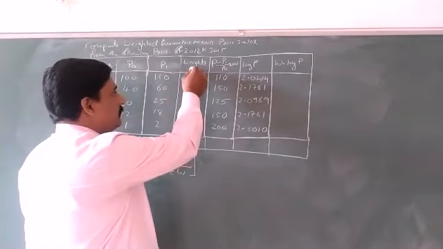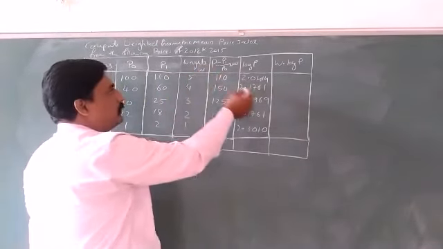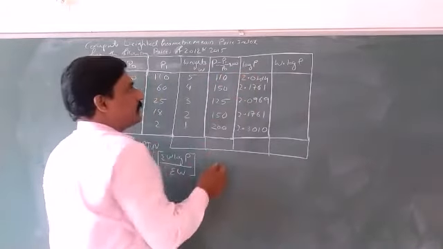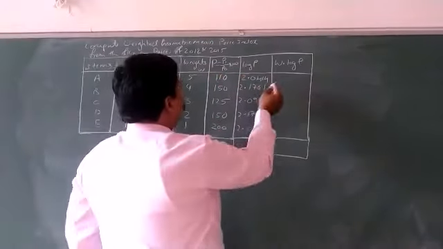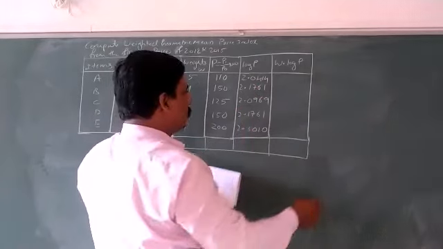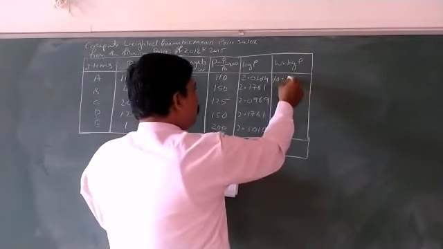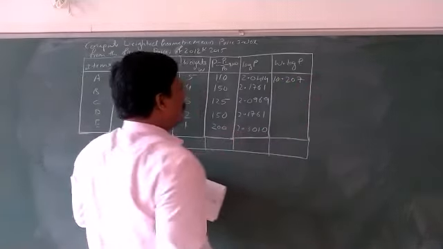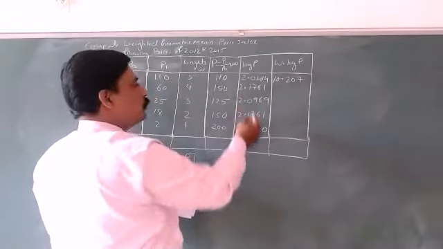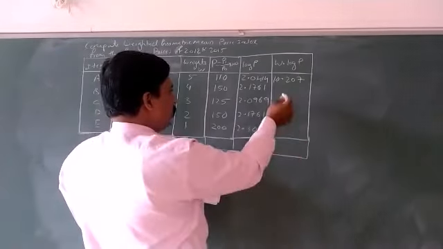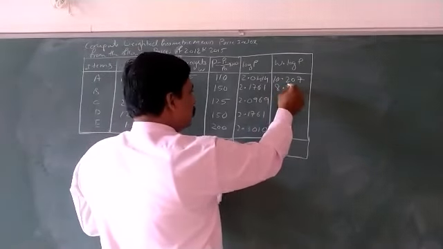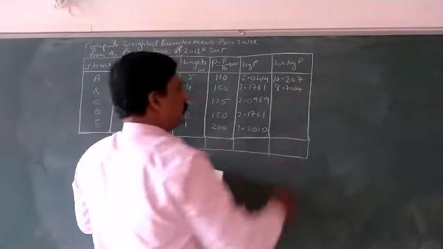So W column is here, and log P is here. So W into log P, we get 5 into 2.0414, we get 10.207 plus next 4 into 2.1761, that is 8.7044.